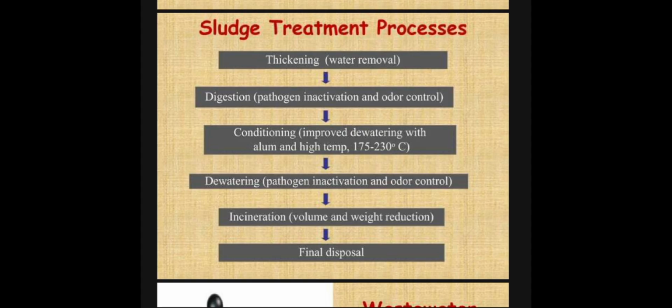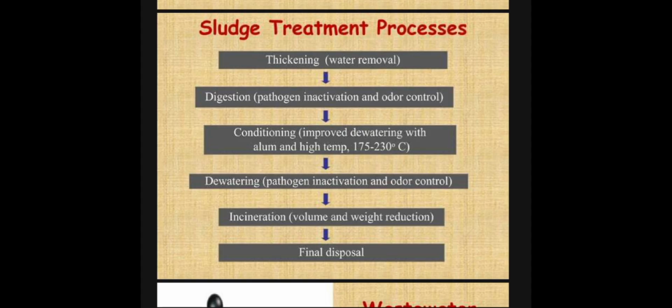Thickening means we remove the excess water from the sludge. After that, digestion starts, which is nothing but the decomposition of sludge.